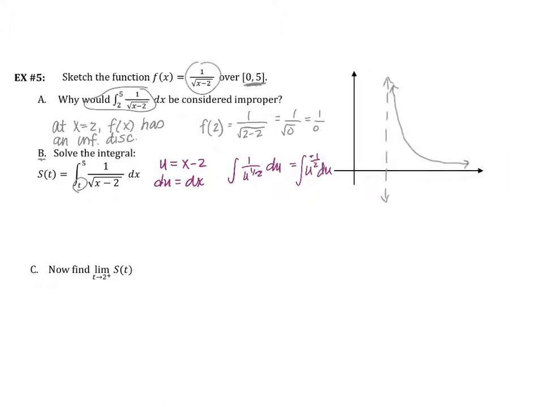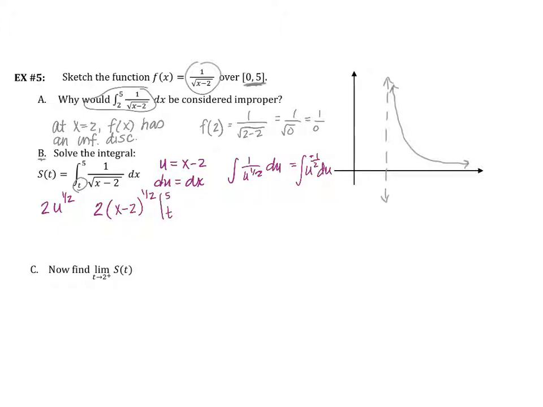So it looks like we're going to end up with 2 u to the 1/2. And then we do need to go back and replace that u with x minus 2. So that's going to be 2 times x minus 2 raised to the 1/2, evaluated from t to 5.